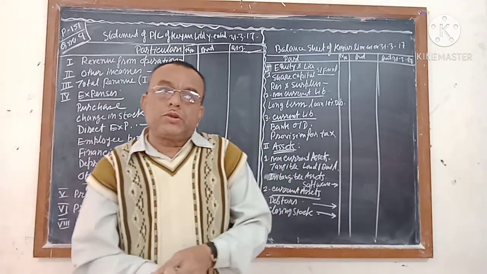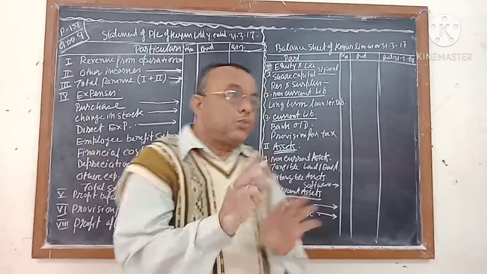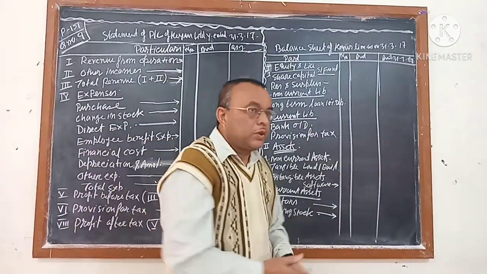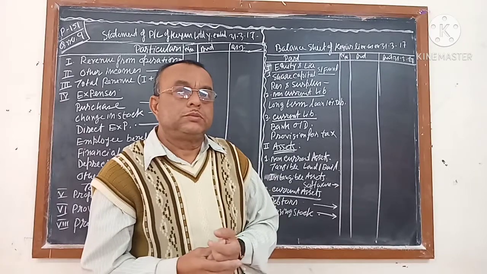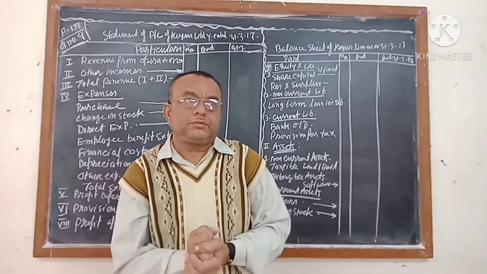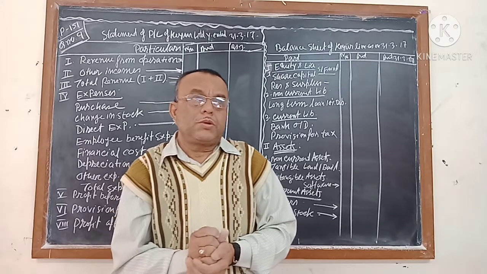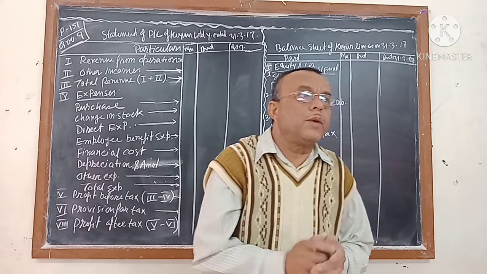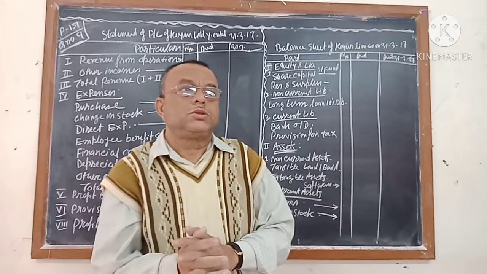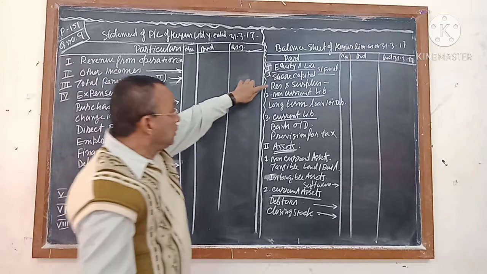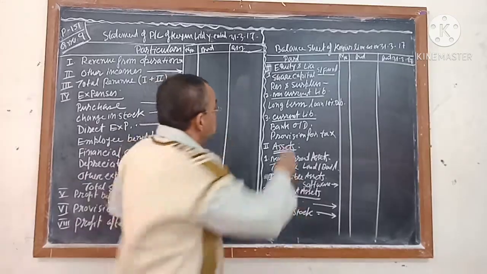Here a few things you have to remember. Some of the amounts will come both in this place and in that place. Like provision for tax, or the profit: whatever profit comes from here will go to reserve and surplus.